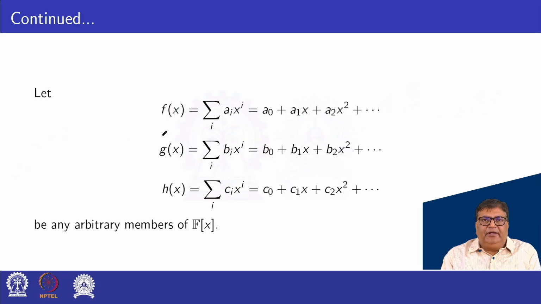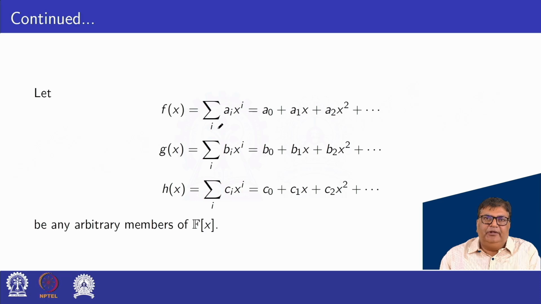Let f(x) = summation aᵢxⁱ = a0 + a1x + a2x² + and so on. If we take a polynomial of order n, we can write i = 1 to n.